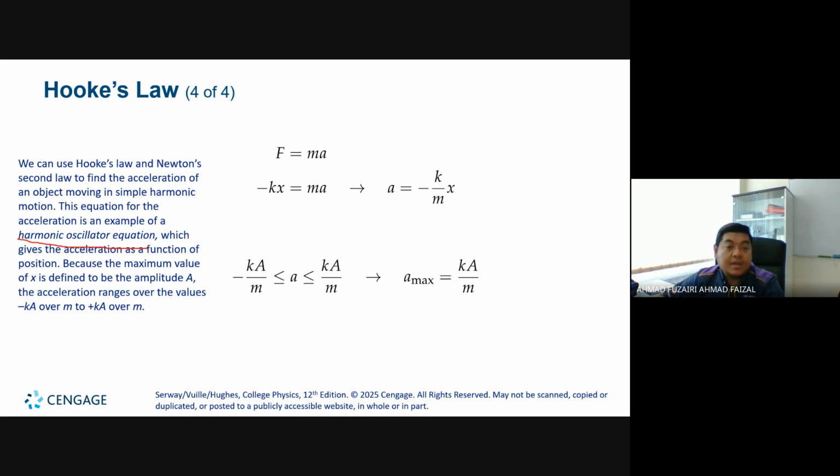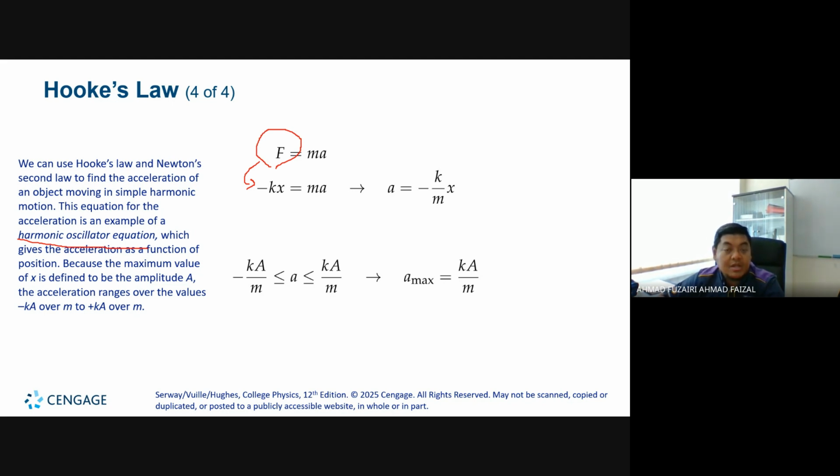From F equals ma, you know that this F is equivalent to negative kx. At the same time, F is also equivalent to mass times acceleration.